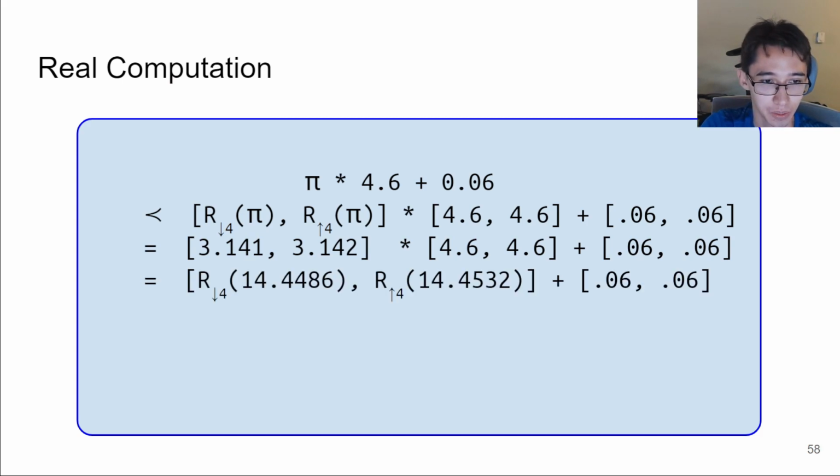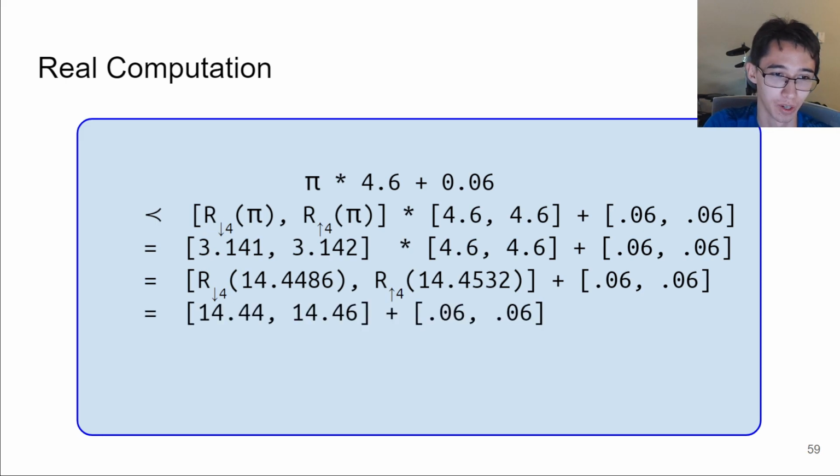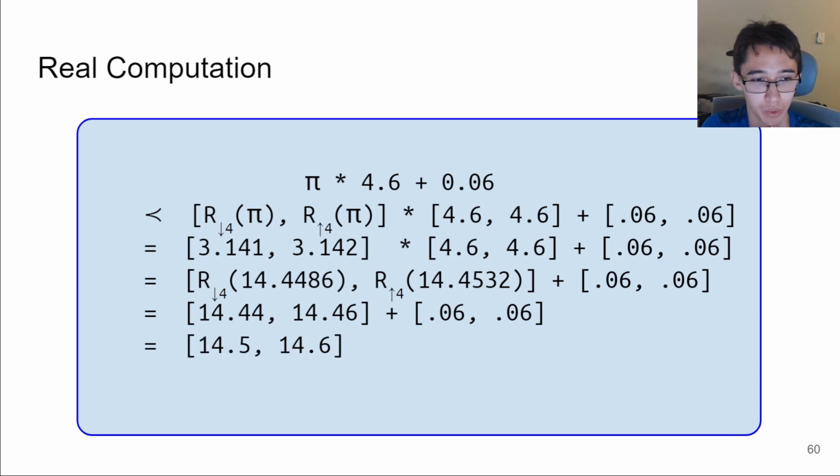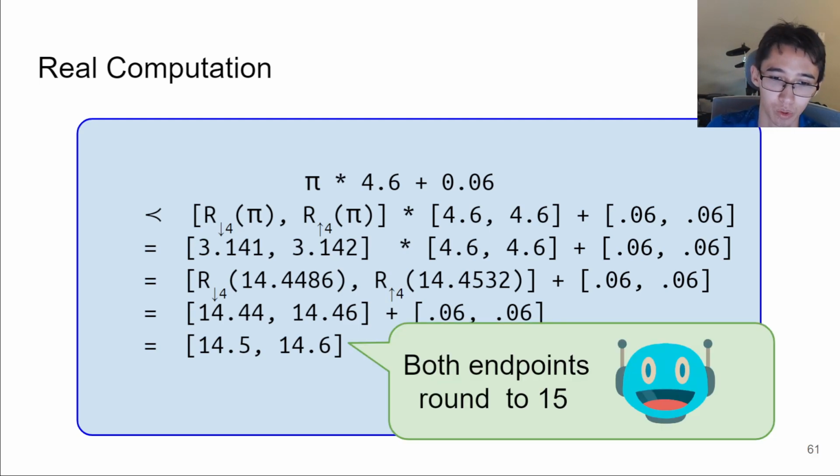Doing the multiplication, we get these numbers, and doing the rounding again, we'll get tighter intervals this time, 14.44 to 14.46. And now doing the addition, we get 14.5 to 14.6, and luckily both endpoints round to 15, so we know that the true answer rounds to 15, and we get the guarantee that 15 is the correctly rounded real computation. So interval arithmetic has saved the day.